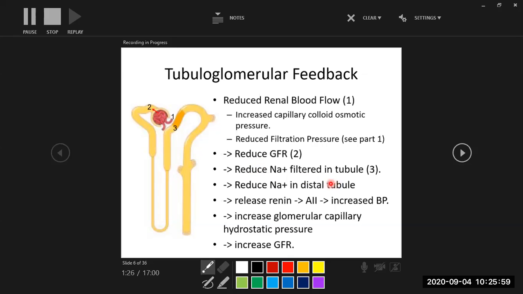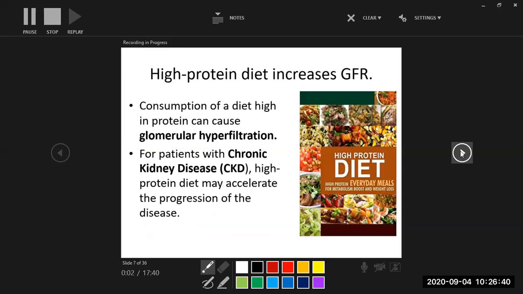The low sodium in the distal tubule will be picked up by the macula densa, and that will cause the RAAS to increase the blood pressure, and then that can increase the filtration pressure and increase GFR. So that way we can adjust the filtration rate back to maintain a certain level. So have that in mind.